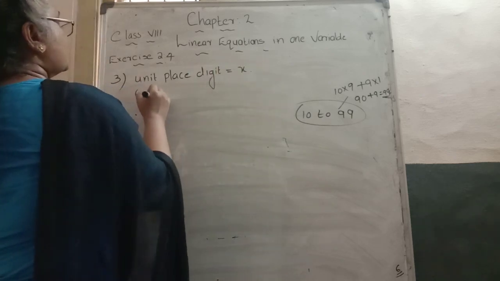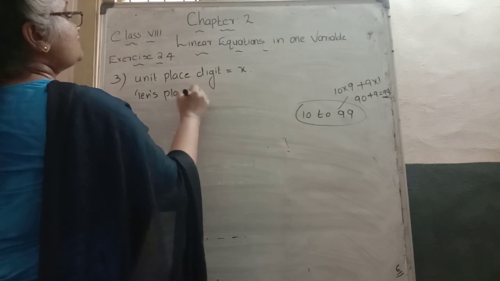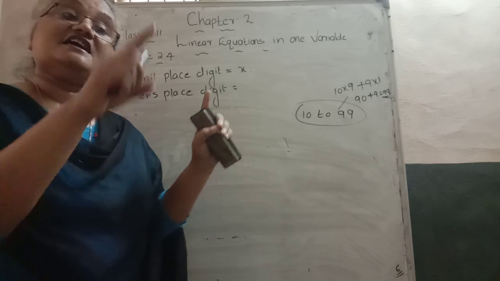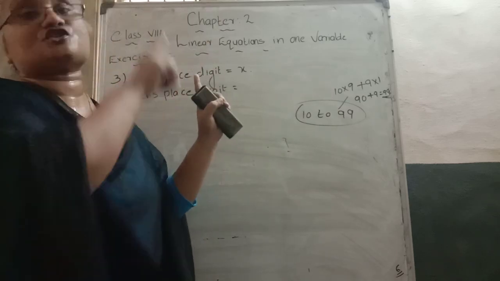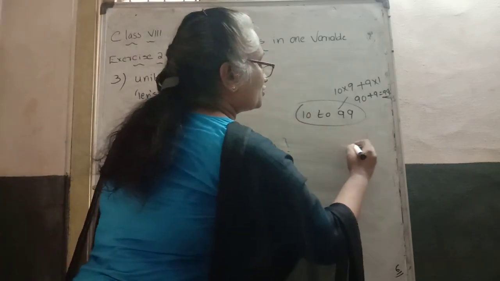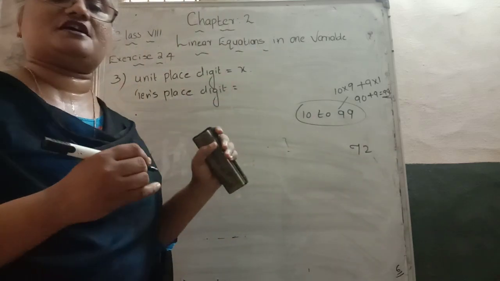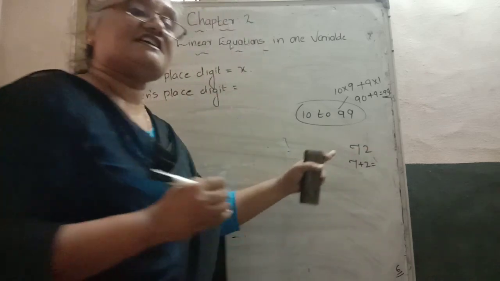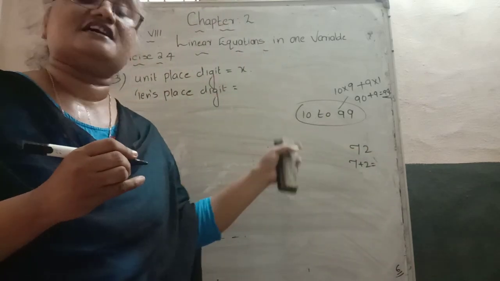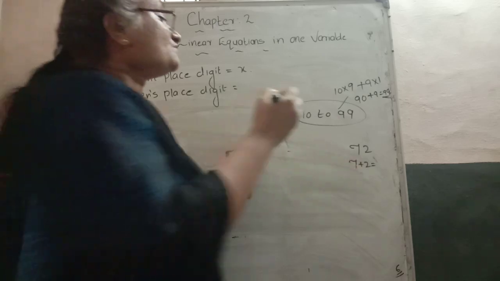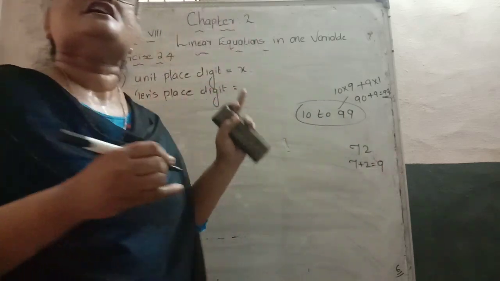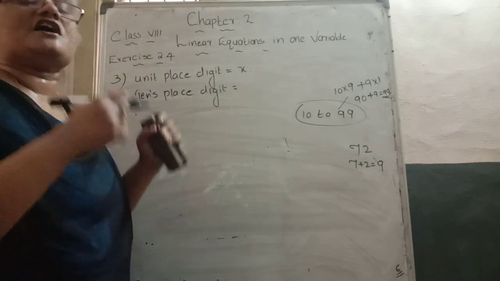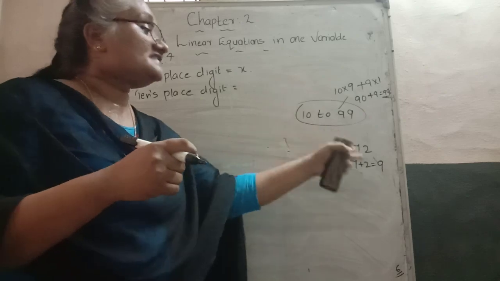Then the tens place digit we also don't know, but one clue they have given us is the sum of the digits of the two-digit number. See one example: 72 is a two-digit number. Sum of the digits means 7 and 2 are added. How much is the answer? The sum becomes 9. In this way they have given us the result. That's why we want to find the tens place digit. How to take that expression, since the result is given.